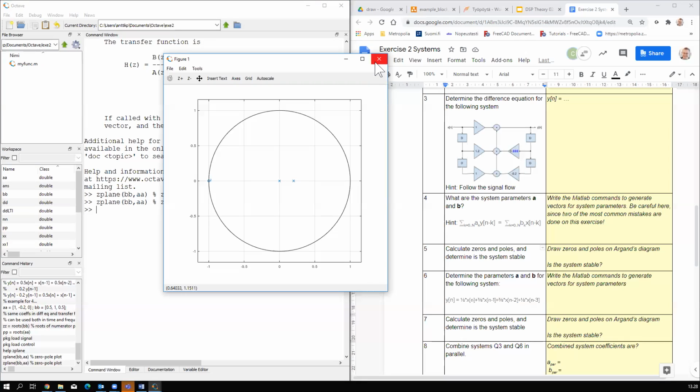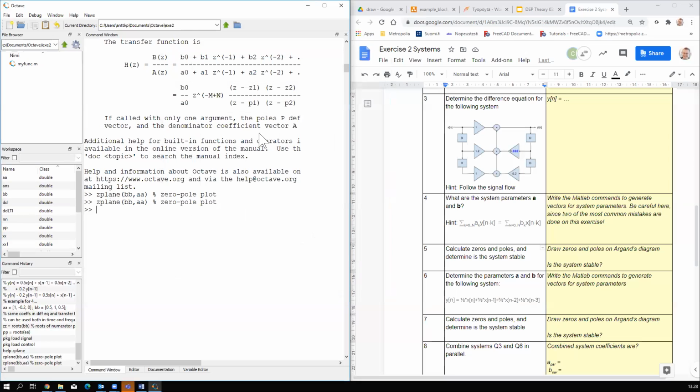So basically, this system is stable, since the norm, let's see, the absolute value of the roots of the poles is less than 1.